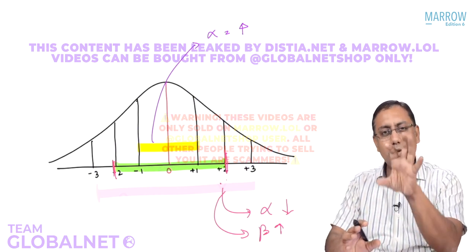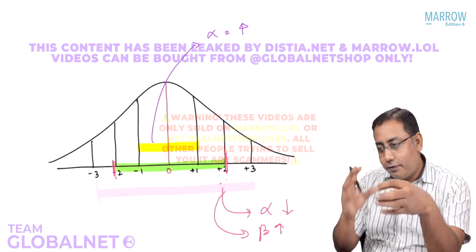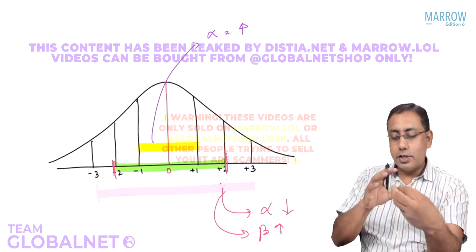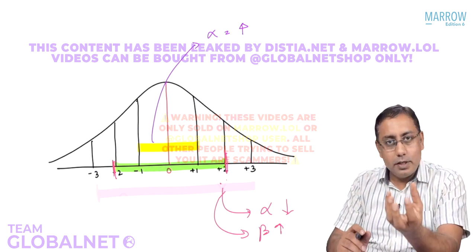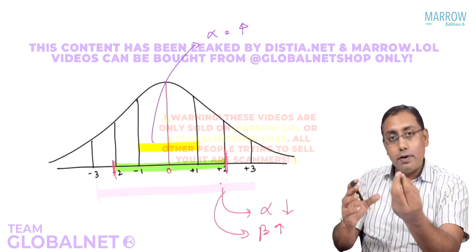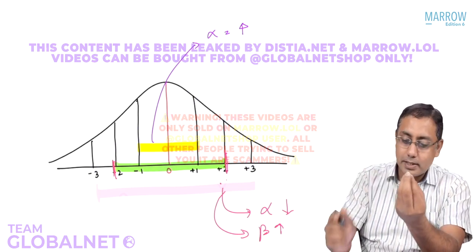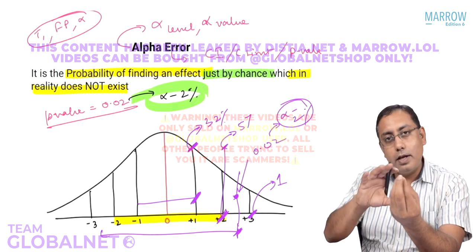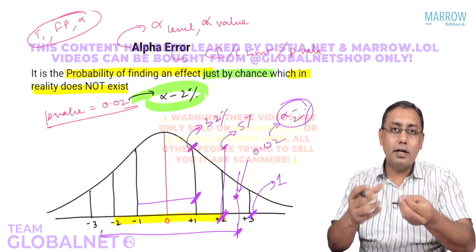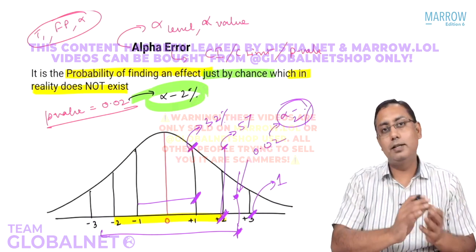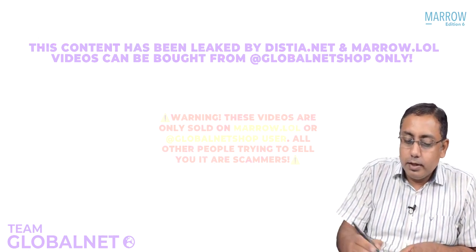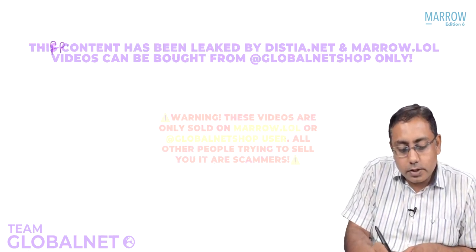I am just showing you the same phenomena with different camera viewpoints. First, I showed you the normal distribution. Then I showed you the alpha values in terms of confidence limits. And now I am showing you the alpha values in terms of the confidence intervals and the p-values.